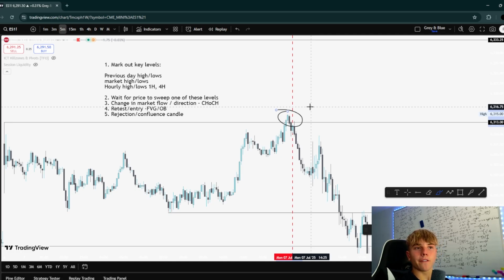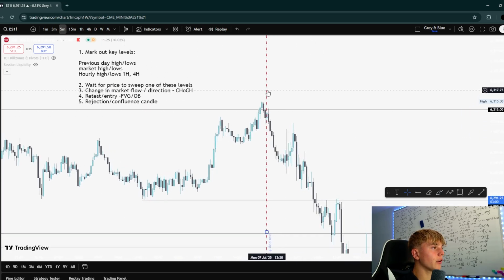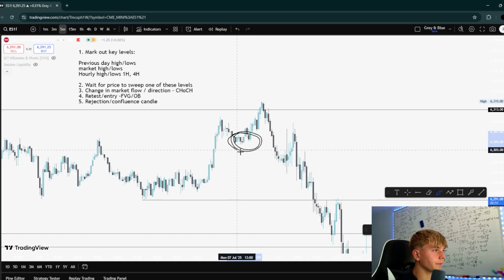So now we need to wait for a change in market flow or direction, or a change of character, as you can see. And after price has swept it here, did price do it? Well, price changed market flow, if I get rid of this red line, because at this point here, price broke below this level and changed market structure.